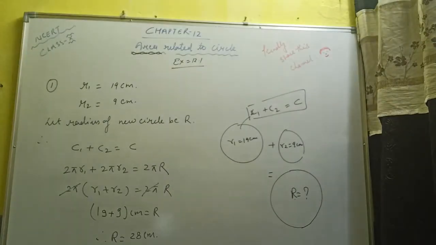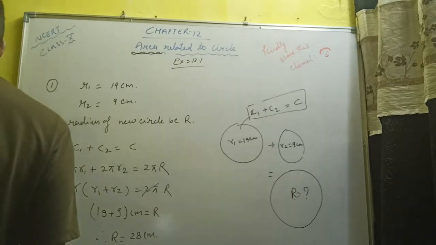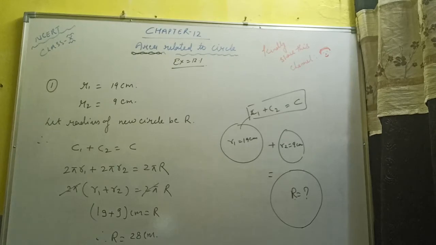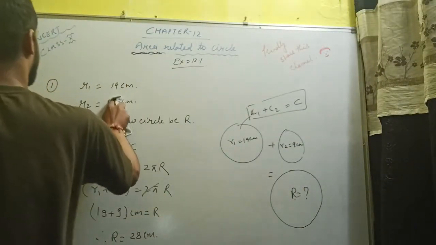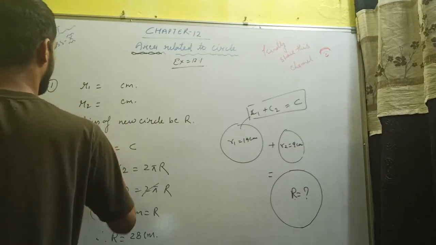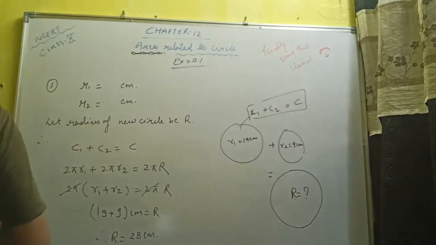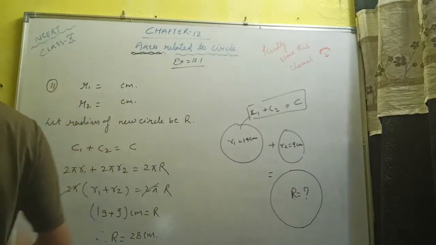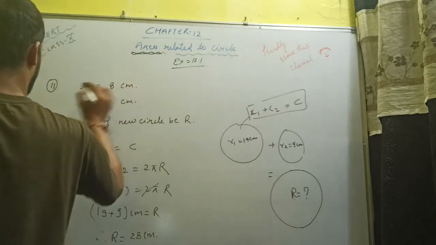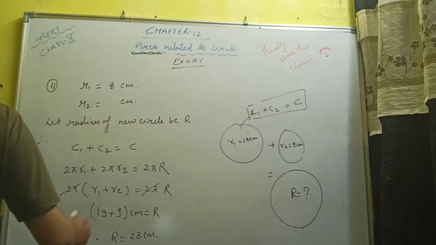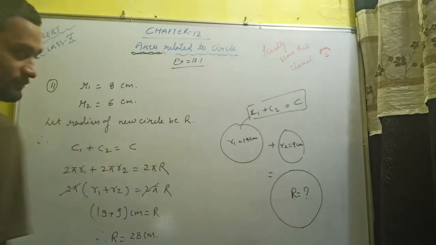Now we are moving to the second question. The radii of the two circles are R1 equal to 8 centimeter and R2 equal to 6 centimeter.